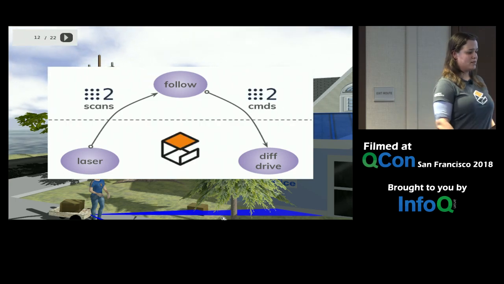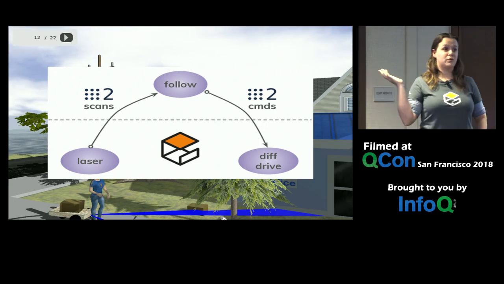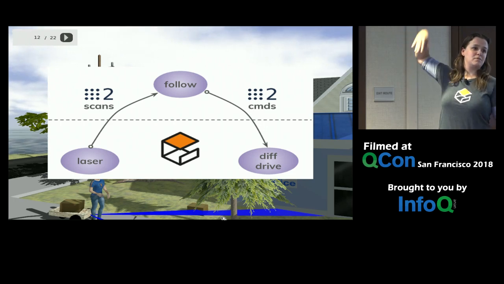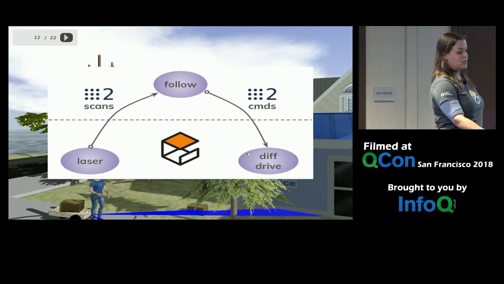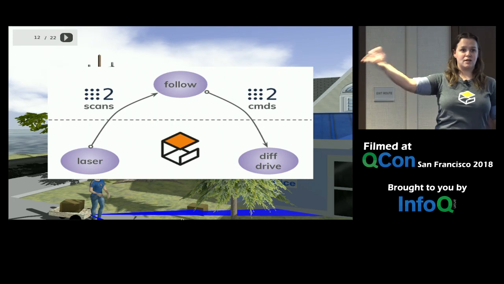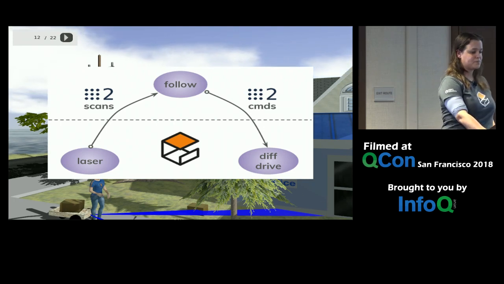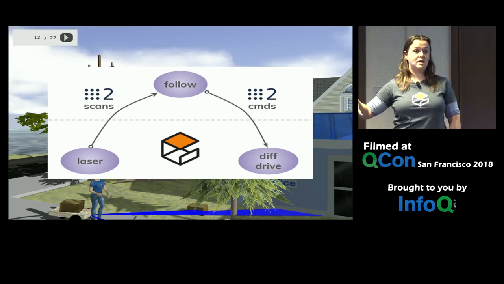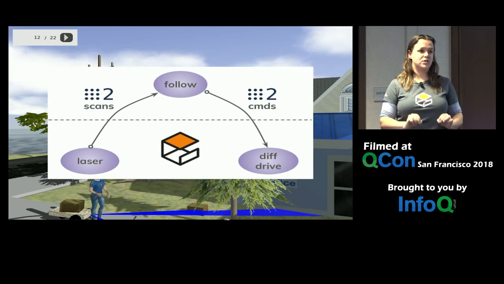So how are these mapped to processes? As I was mentioning before, since we're talking about ROS 2, this line here divides what's on top in one process and what's in the bottom in another process. And we happen to have 2 nodes running in the same process here, the laser and the differential drive. And the follow node is actually running in a separate process. And they are talking over ROS 2 across processes here. The reason why the laser and the differential drive are in the same process is because they both need to be tied very closely to the simulation, to Gazebo.